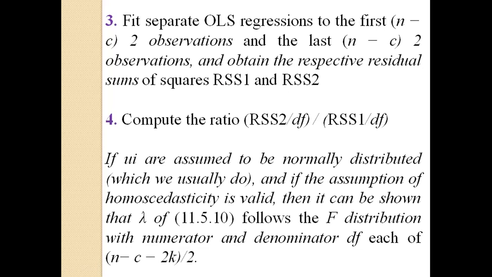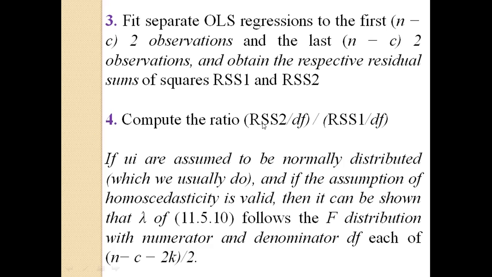That is RSS1 and RSS2. For the first model, we calculate the residual sum of squares RSS1. For the second model, you run it and get RSS2. After getting the residual sums of squares, you have to compute the ratio.